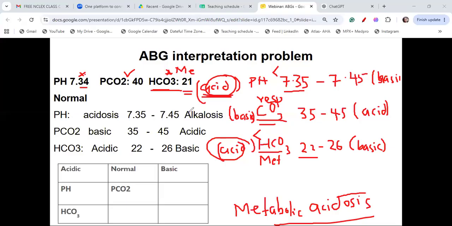We went ahead even to look at the two key regulators for ABG, and I said you have the lungs and you have the kidneys. So whatever matches your pH is the one that has a problem. If the bicarbonates are the ones that are matching, then that is the issue.